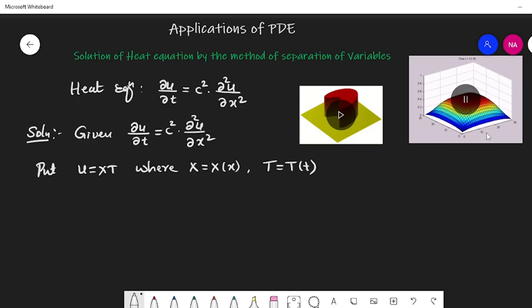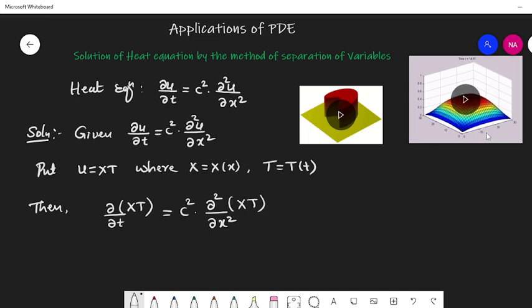So substituting this here, the above equation will be dou by dou t of capital XT is equal to c square into dou square by dou x square of capital XT. Right, how to differentiate it? Now, partial derivative of XT with respect to t. In that process, capital X will be treated as constant.